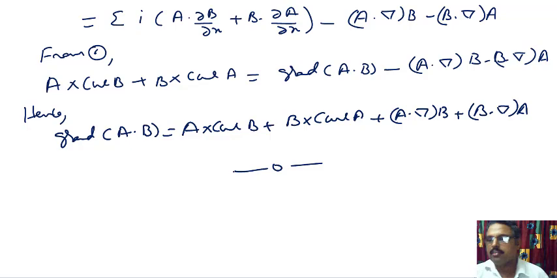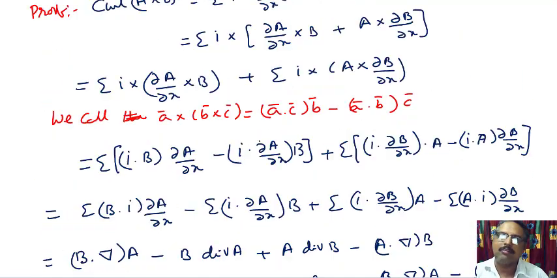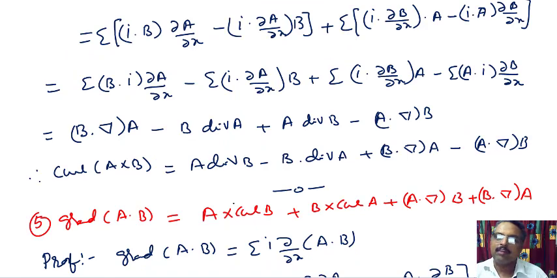Here we discussed a total of 5 important identities. The fifth one is the gradient of A dot B equals A cross curl B plus B cross curl A plus A dot del B plus B dot del A.